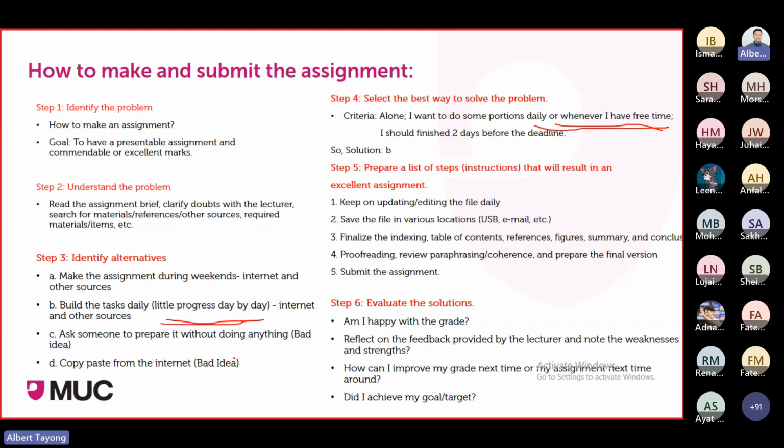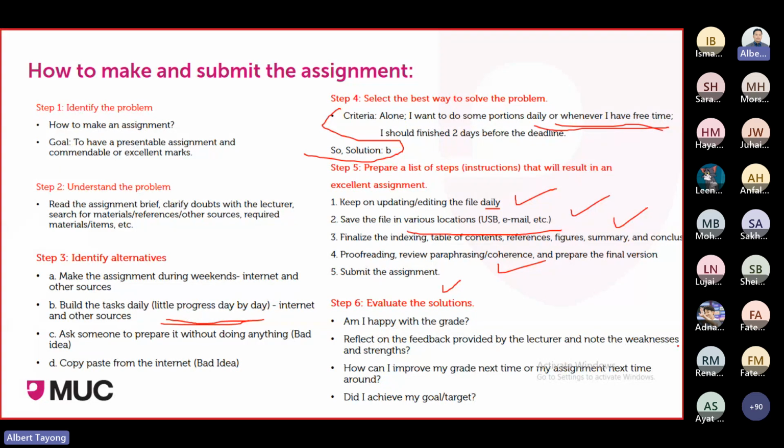And you have to mention then your solution. And here, the step by step, how you're going to do it. So if you're going to choose this, you have to update the file or edit the file daily. And please, okay, save the file in many locations, not only in one location, because there might be a problem.